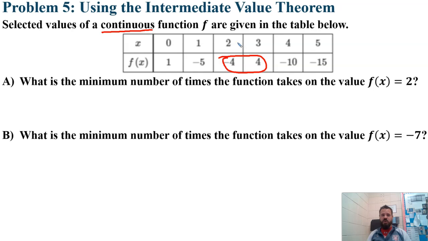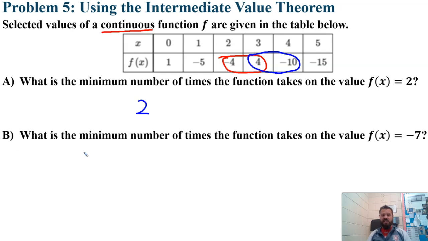So know that between 2 and 3, by the intermediate value theorem, there's at least one value that gives us that f of x equals 2. Same thing as I go here from 4 to -10, we know we're going to have to pass 2 at least once, so that'd be one more x value between 3 and 4 where we pass 2. So how many times would f of x equal 2? Well, that would be 2 total times here.